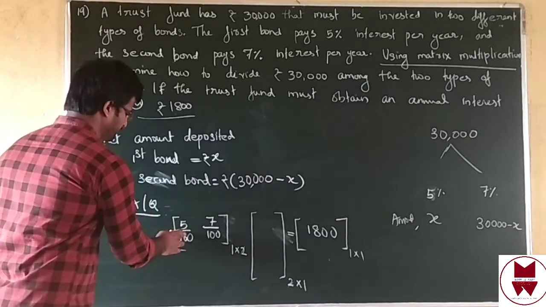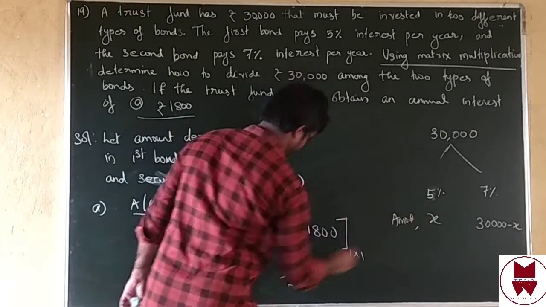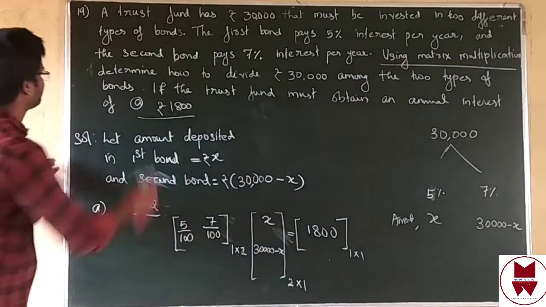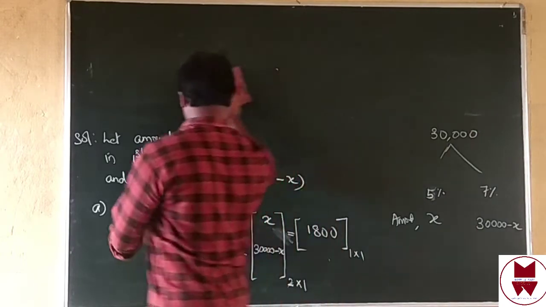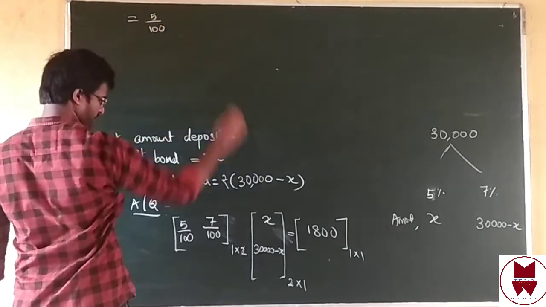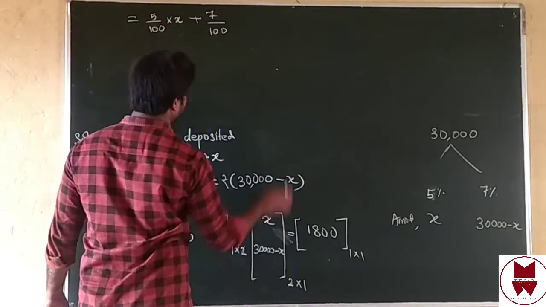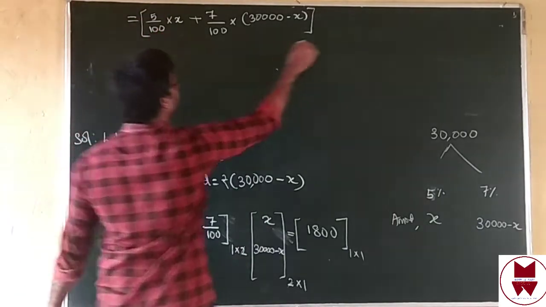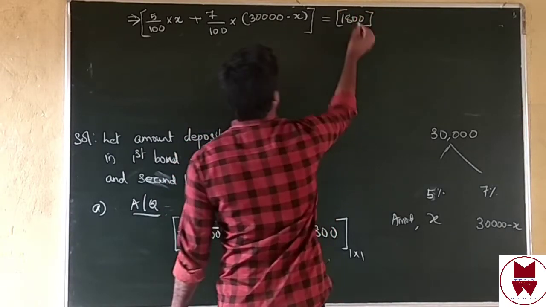Then the amounts we can write here. The amount is X. Then the amount 30,000 minus X. Then multiply this. If you multiply, you will get 5 by 100 into X plus 7 by 100 into 30,000 minus X, that in matrix, equal to the matrix 1,800.